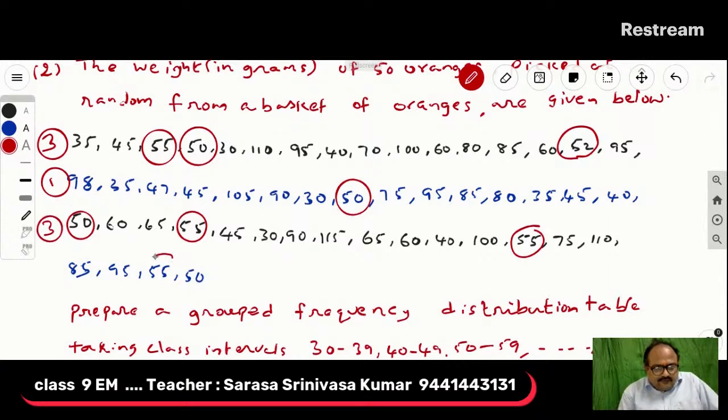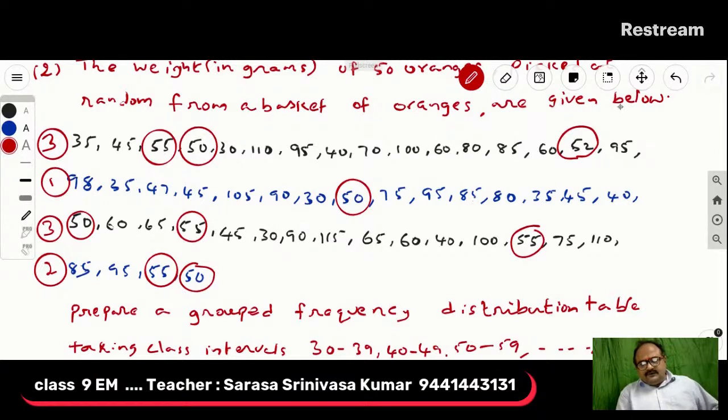Next, the fourth row, 55, 50. So here, two oranges are there. So the total number of oranges having weight 50 to 59 grams is 3 plus 1, 4, 4 plus 3, 7, 7 plus 2, 9.